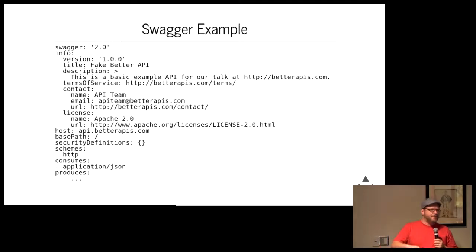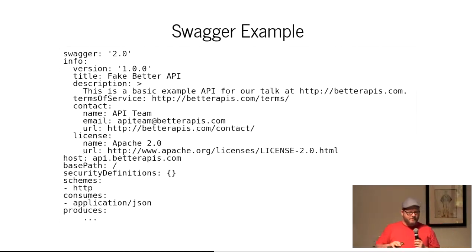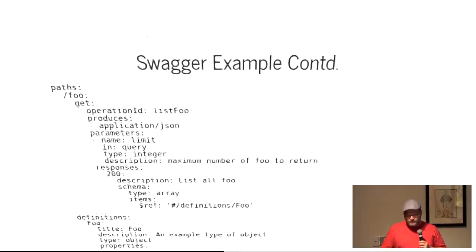At the top, we basically say what version of Swagger we're using, and then we describe some really basic information about the API, like what the API does, the version, some contact information, things like that. Then we get into the schemes that it supports, so HTTP or HTTPS, and what it consumes and produces, like JSON or XML, or sometimes even YAML.